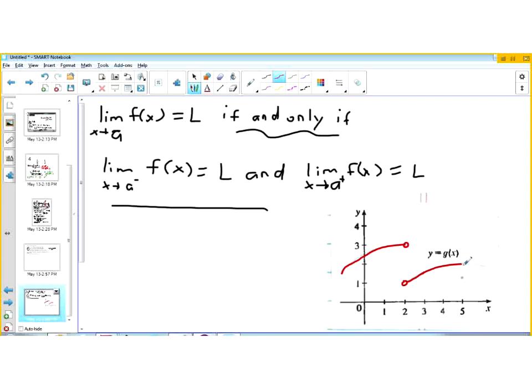So some hypothetical graph. We haven't defined it numerically. And then we have a value at x equals 5 right there. All right. So the first question of a multi-part question is, what is the limit as x approaches 2 from numbers smaller than 2 of g of x?